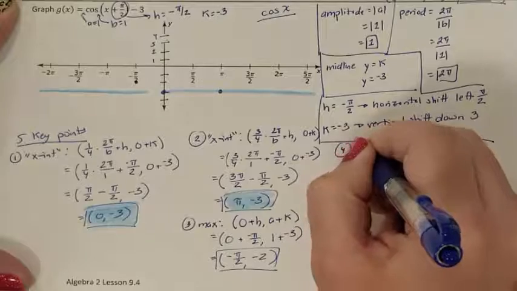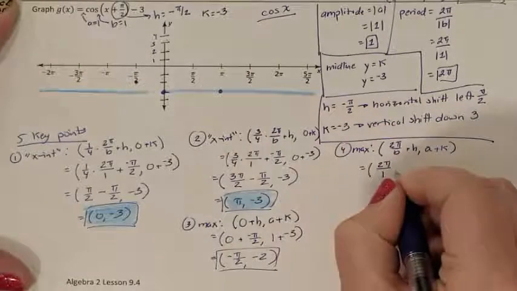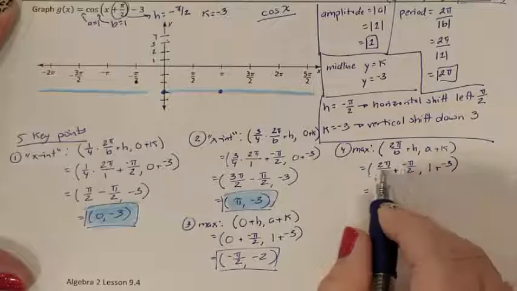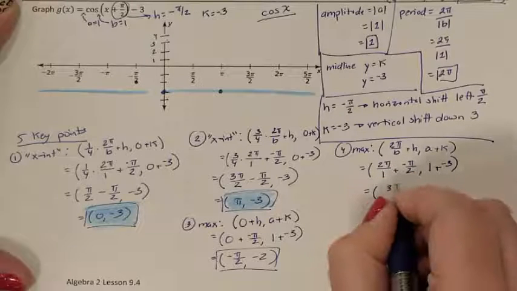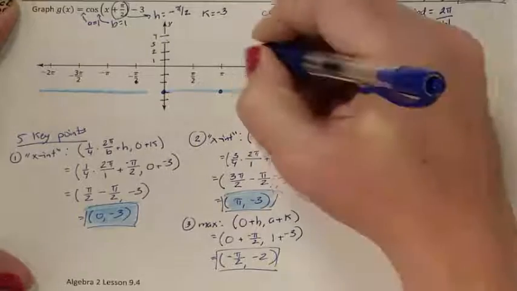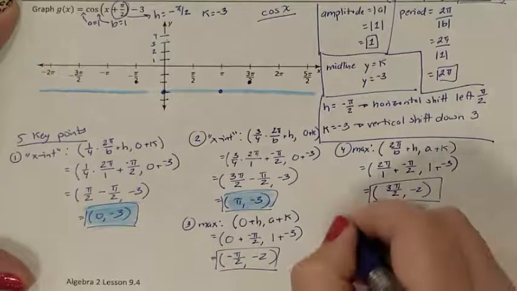Max number 2, making sure you have your h and your k in there as well. My b is a 1, my h is a negative pi halves. Adding your x's together, I have 3 pi over 2, negative 2. So 3 halves pi, negative 2 is my second max.